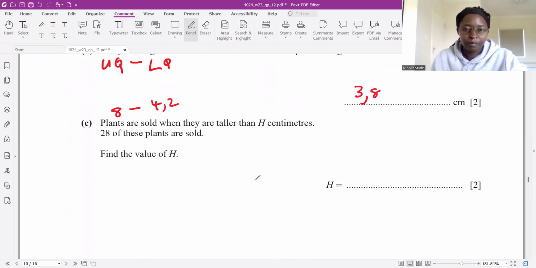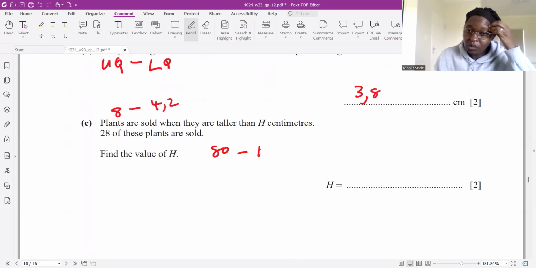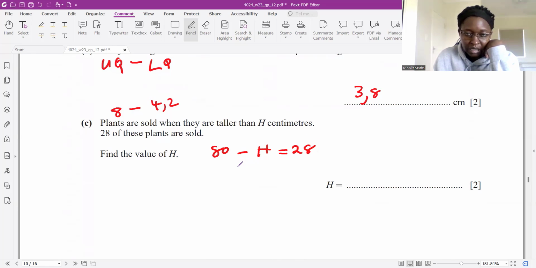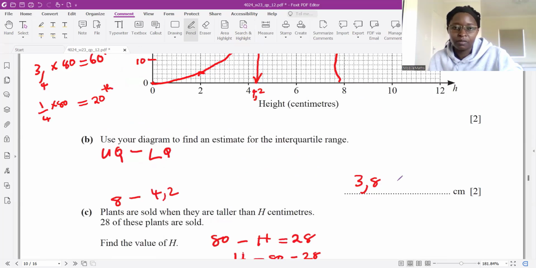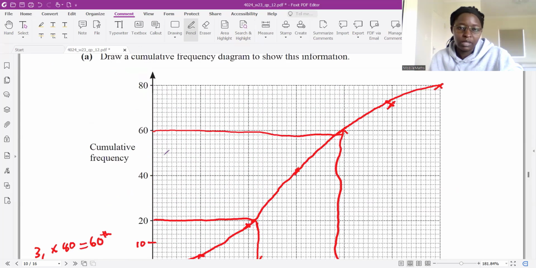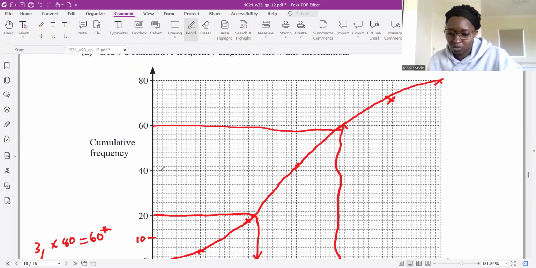So I can say 80 minus h is going to give me the 28 plants. So my h is going to be equal to 80 minus 28. If you subtract this, you are getting 52. So if they are above 52, somewhere here, they can be sold.